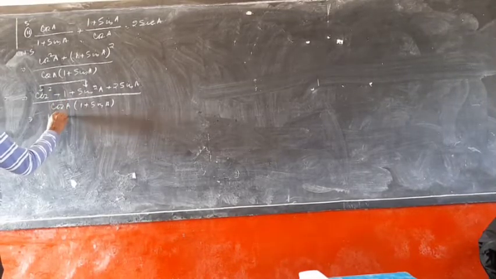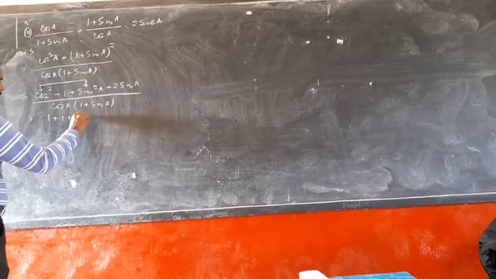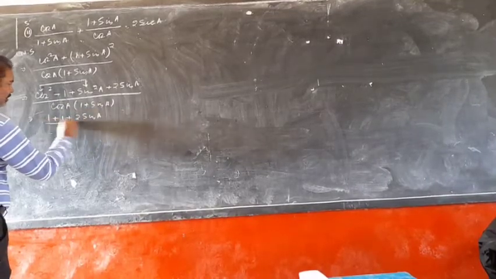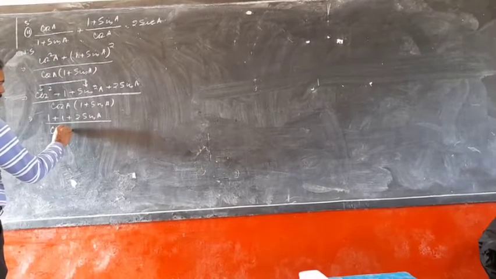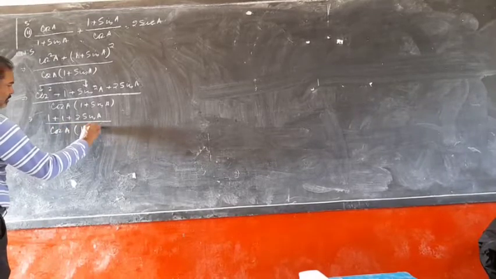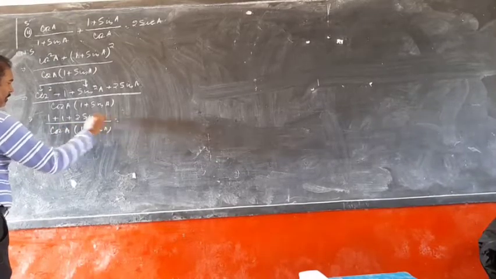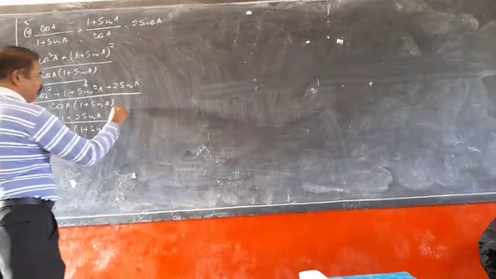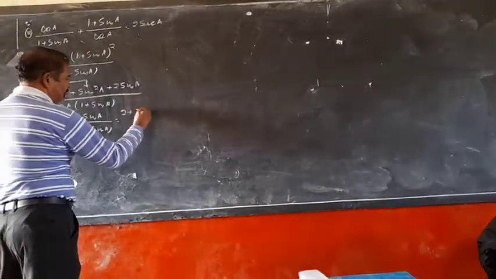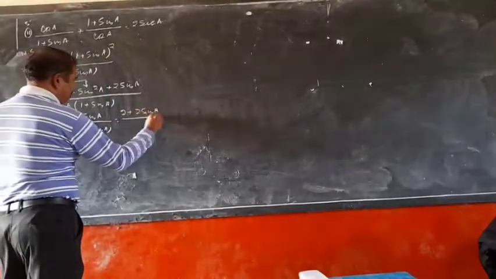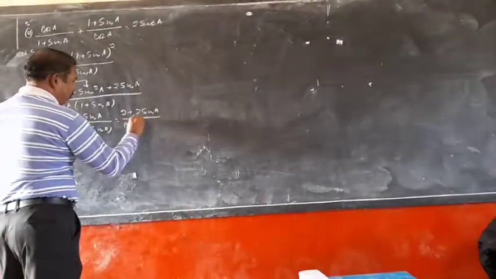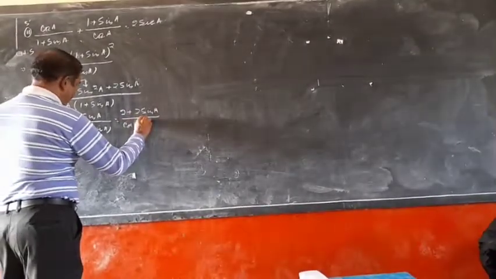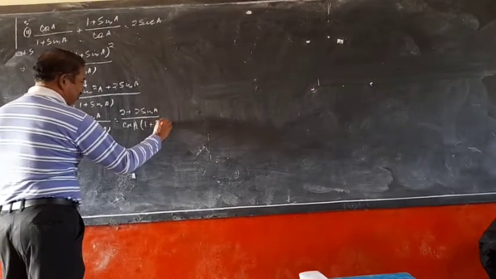So 1 plus 1 plus 2 sin A upon cos A into 1 plus sin A, that is 2 plus 2 sin A upon cos A into 1 plus sin A.